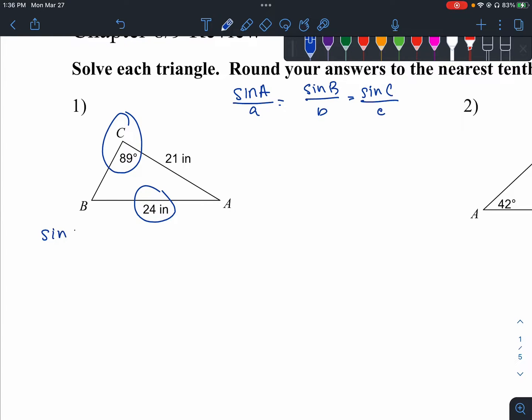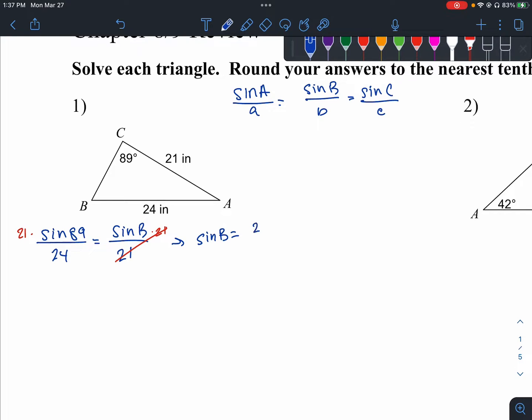So I'm going to start with that. I'm going to say sine of 89 divided by 24 is equal to, now the only other information I have is this side over here, and I don't have this angle, so sine of B divided by 21. I'm solving for sine of B. First I'm going to multiply by 21 on both sides so it cancels, so I'm just going to have sine of B on that side.